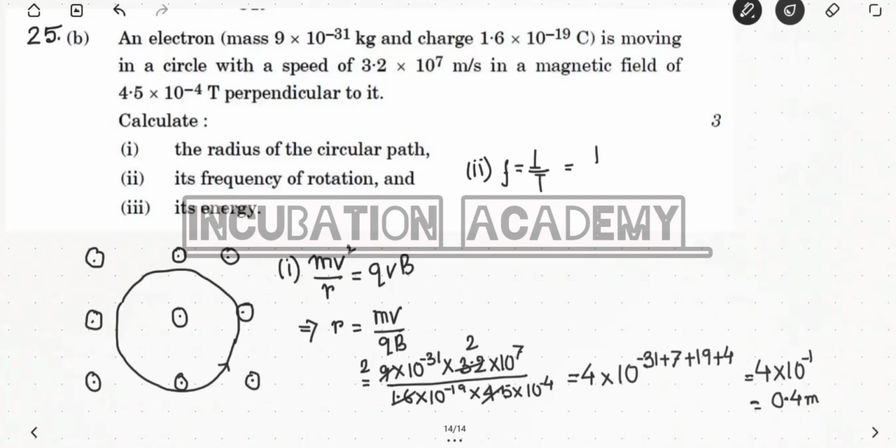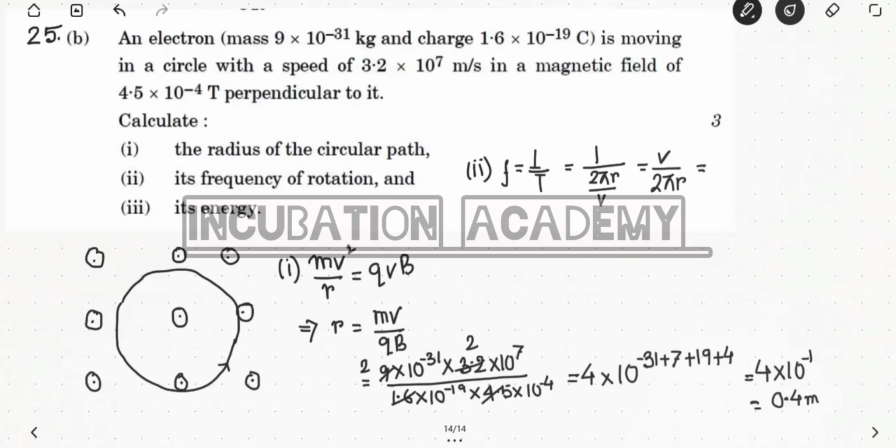What is the time period? If the radius is r, then for one complete round the distance covered is the circumference, 2πr, divided by the velocity v. So the frequency will be v divided by 2πr.